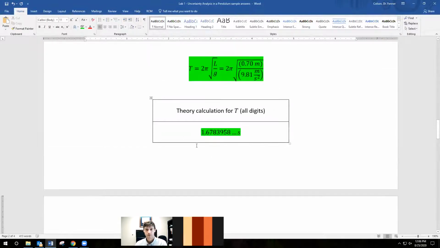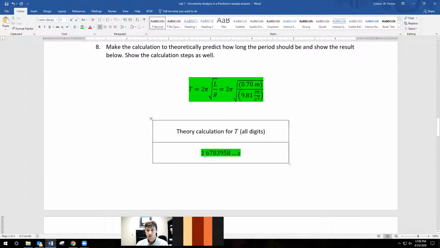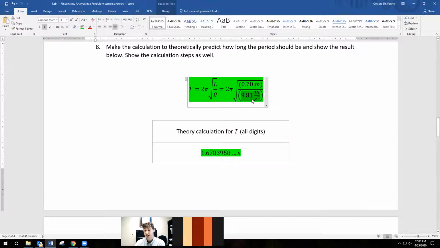So just like in the experimental value, the theoretical calculation for the period, even though when you calculate it you can have a large number of decimal places, and theoretically you'd think you'd know all of these numbers, you don't know all these numbers, because when you calculated the period, the calculation originates from measurements of length and measurements of the gravitational acceleration, which themselves have limitations in their precision.